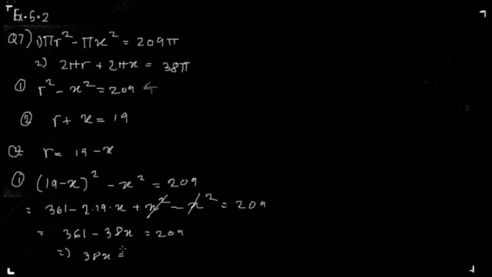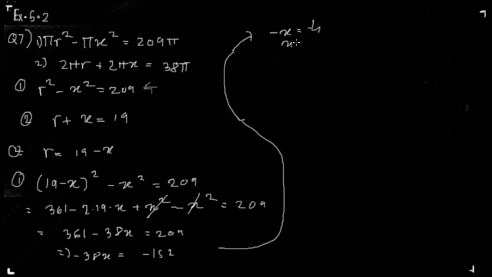Oh, this is a minus 38x, right? Don't forget that. So now let's go all the way here. If you just do some division, x is equal to 4, or minus x is equal to minus 4, so x is equal to 4. Therefore, if you look back at this original one, r plus 4 equals 19. Therefore, r is equal to 15.